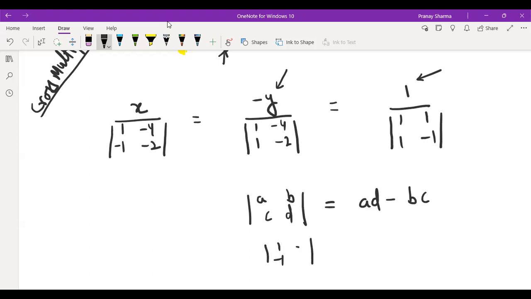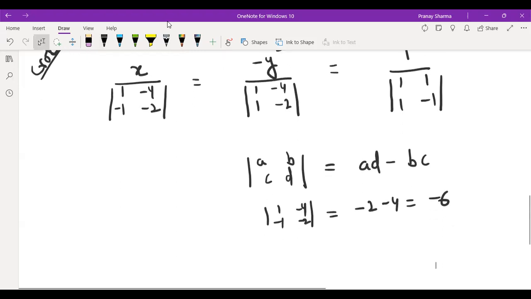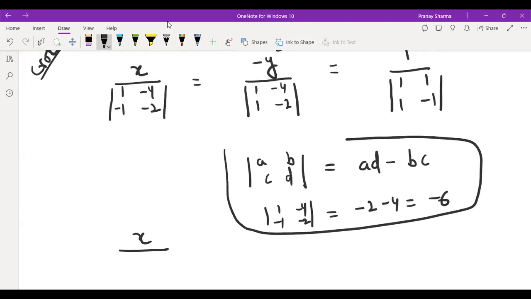1 times -1, minus of -4 times -2. It will be -2 minus of plus 4, which will be -4, so it will be -6. That means if I write x here, this is just for the explanation part, this will become -6.